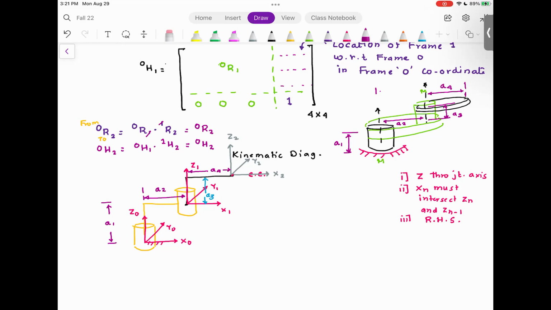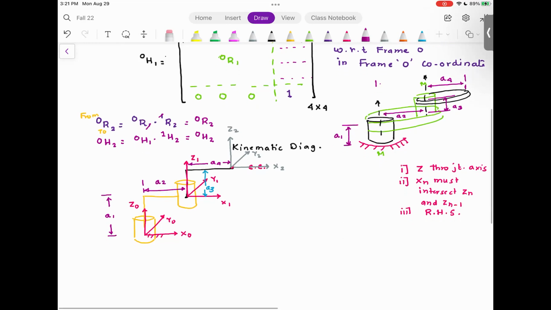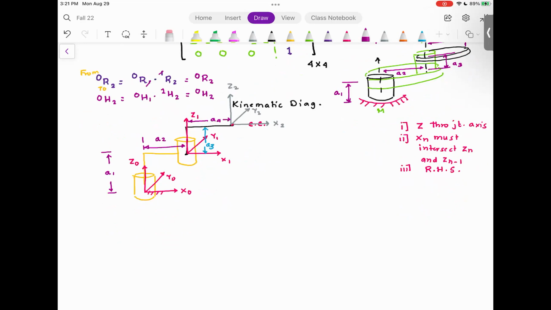So you have a kinematic diagram, which is the simplest representation of that actual robot. Now, this is the procedure that I want to follow. I want to find out the rotations about joint 1. So I'm going to call this theta 1.